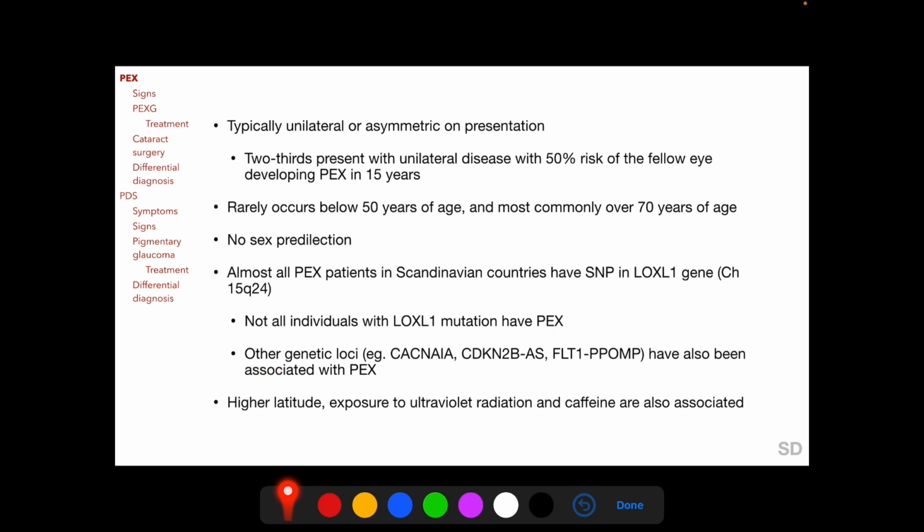associated with pseudoexfoliation. And among the environmental factors known to predispose towards pseudoexfoliation, we have residence at higher latitudes, exposure to ultraviolet radiation and caffeine.